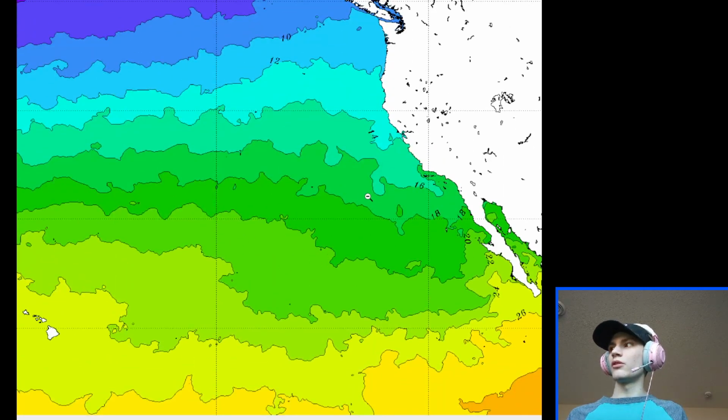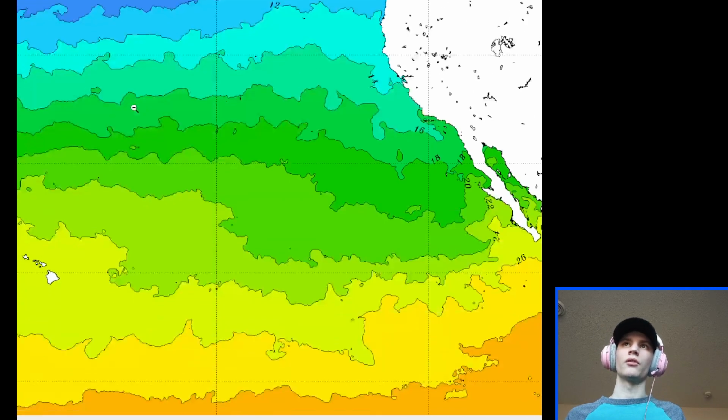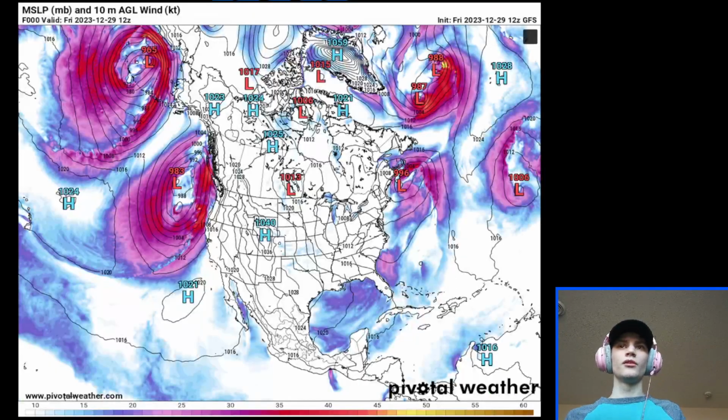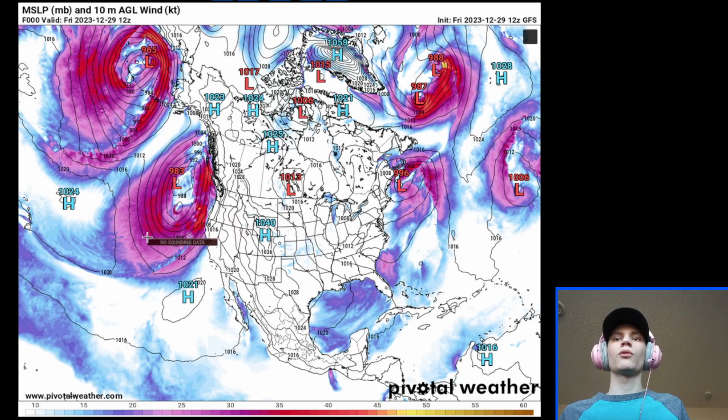There are warmer waters down here, and there's colder waters right up here. So these counterclockwise winds are going to pull up the warmer water from down south up to the west coast here and up to Canada. And this high pressure too is also going to contribute to moving the water up north because of its clockwise pattern here.